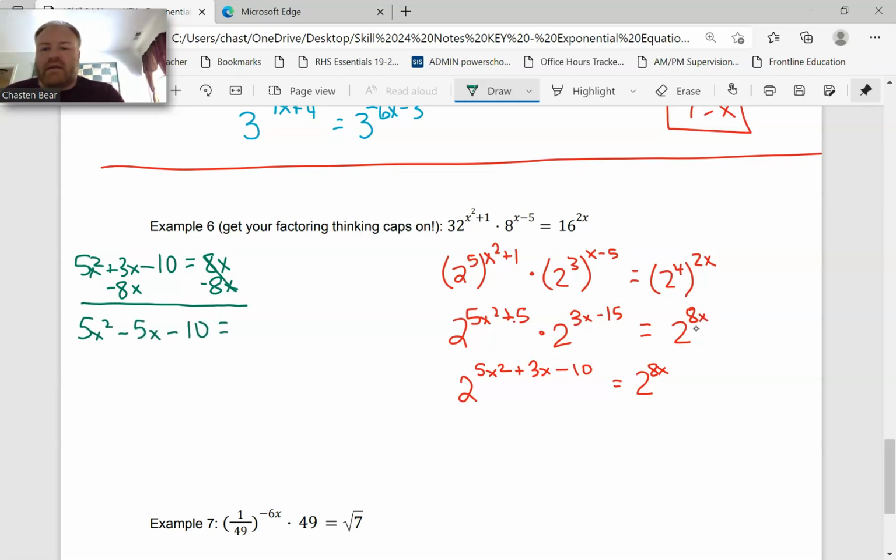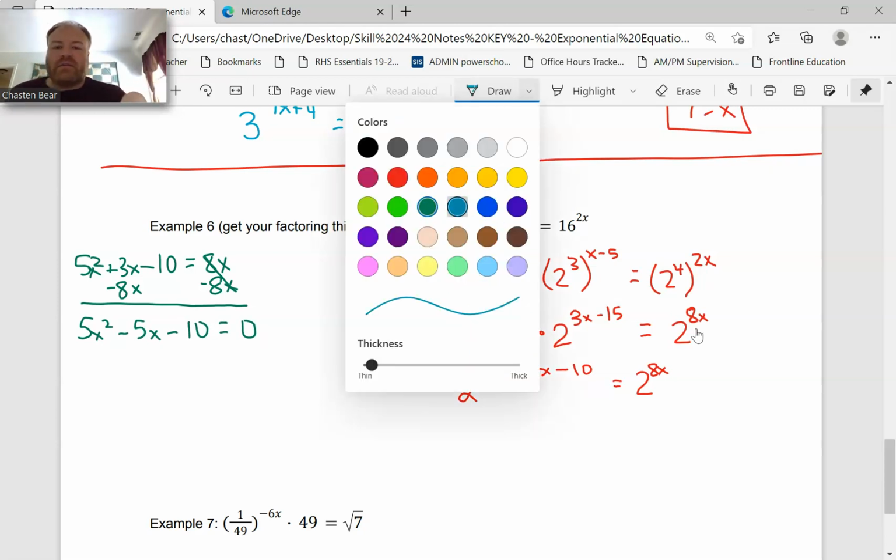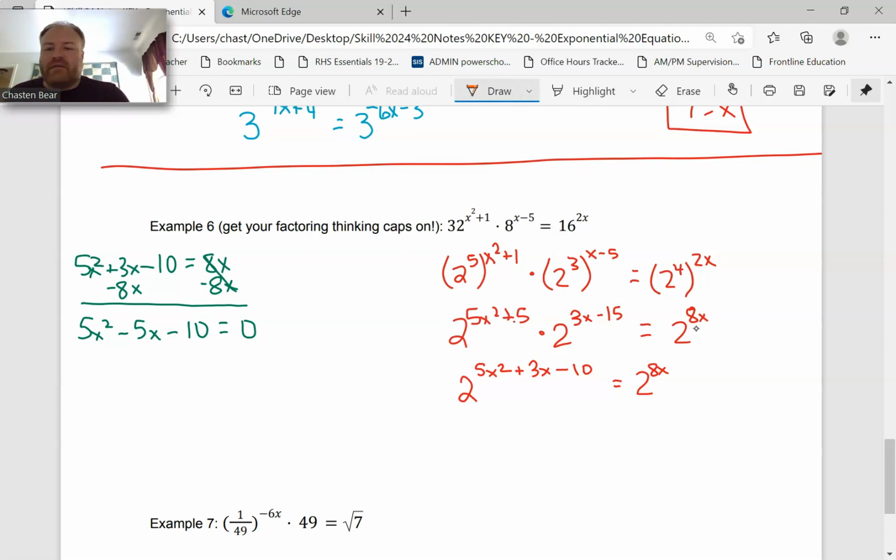But the nice thing is, if you look here, it's an equation. All terms are a multiple of 5, so I'm going to divide everything by 5. That'll make the factoring a little nicer. So we get x squared minus x minus 2 equals 0.